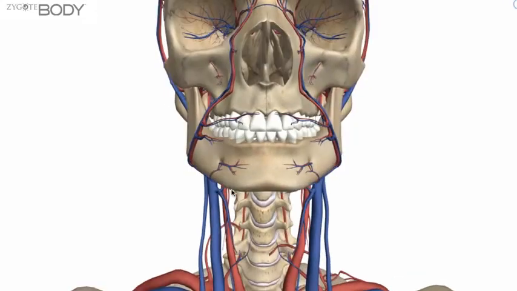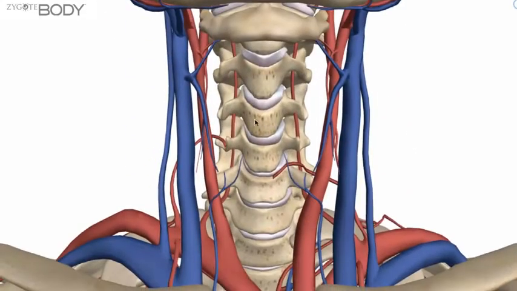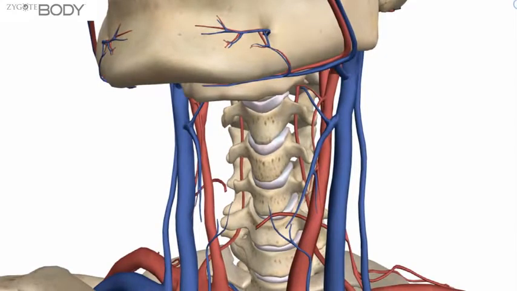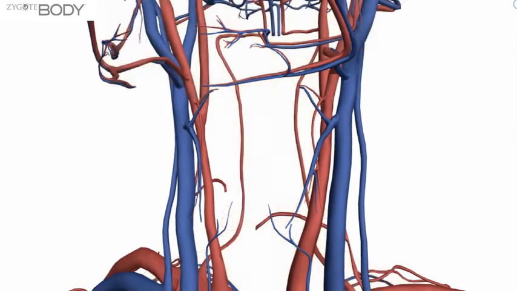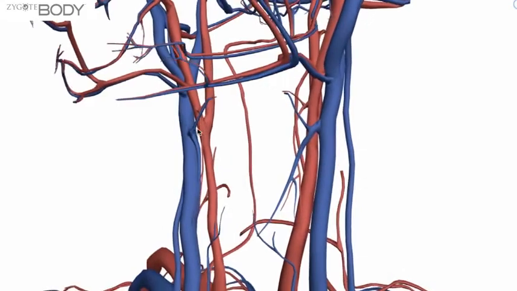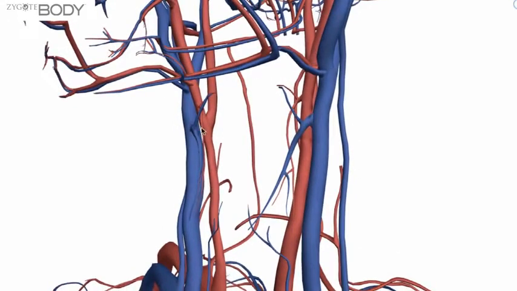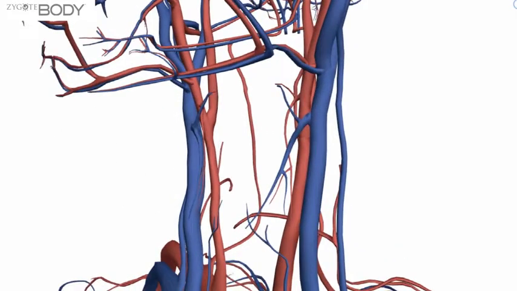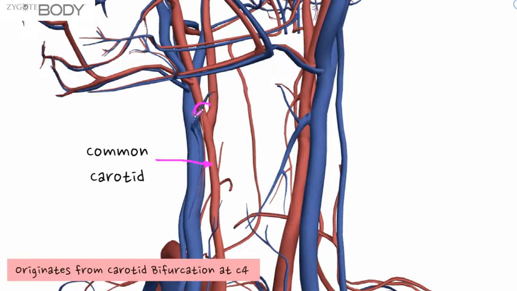I'm just going to quickly zoom in here to show you and get rid of the skull. It originates from the common carotid, which is this artery that you see here, and it originates from the bifurcation of the common carotid here at C4.